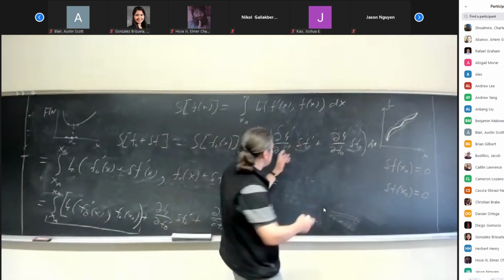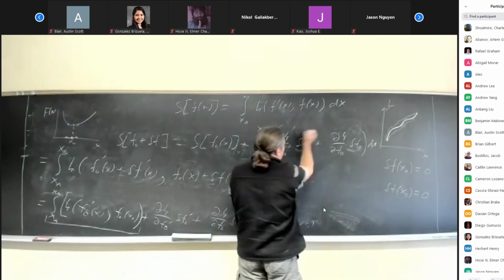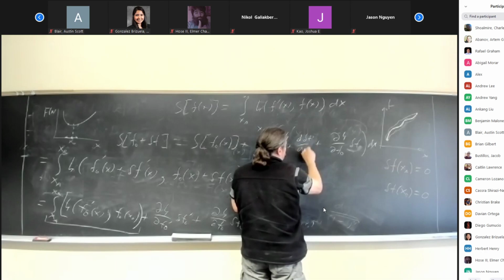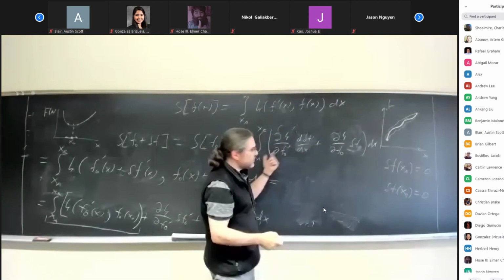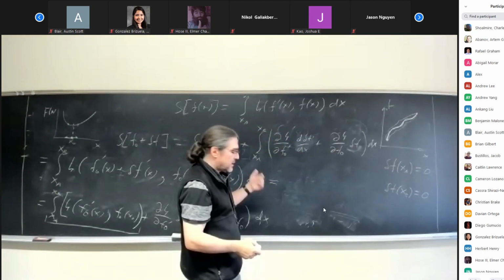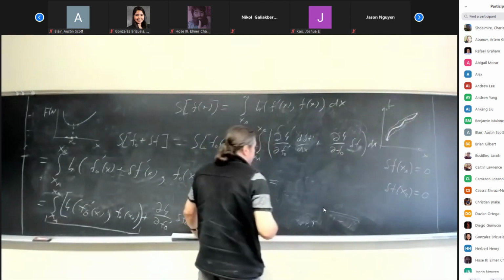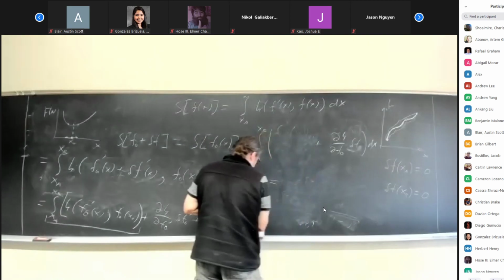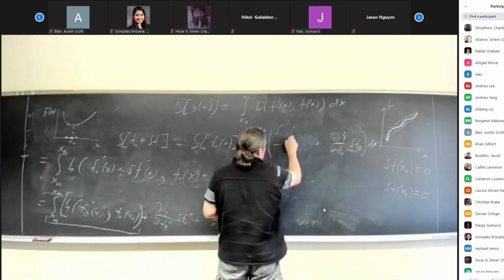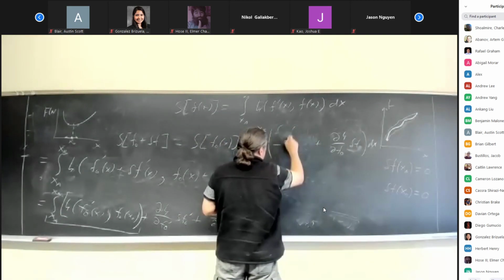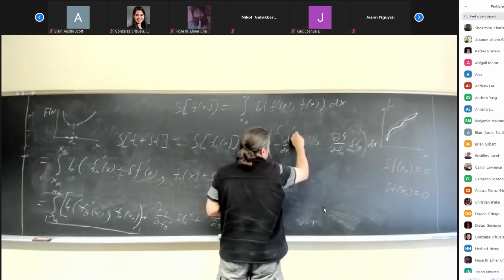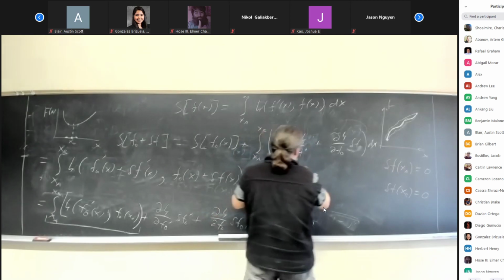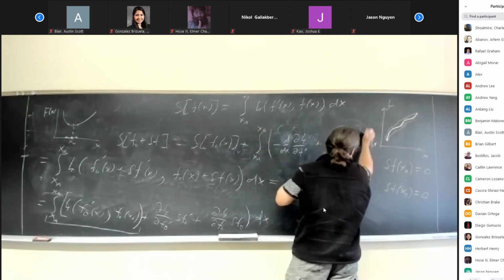I take this part of the integral and write it as d delta f over dx, the derivative, and then I do integration by parts. What I will have is minus d over dx of dL over df prime, times delta f, and let me take delta f out.